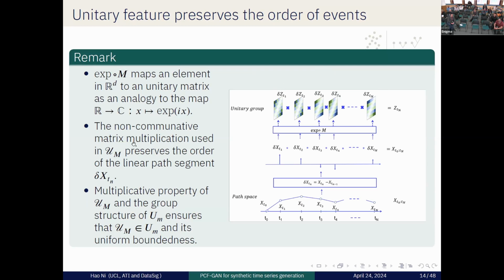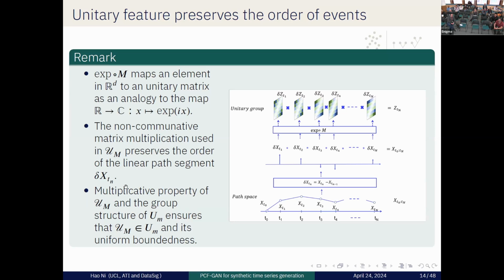And then the matrix multiplication is not limited. And this property helps us to use a unitary feature which can preserve the order of the linear path segments. So if we change the order of the linear segments in our data, then the resulting unitary feature might be different for certain linear maps.